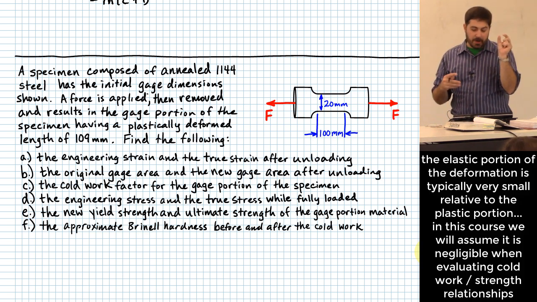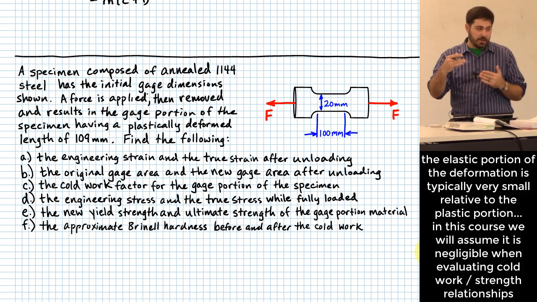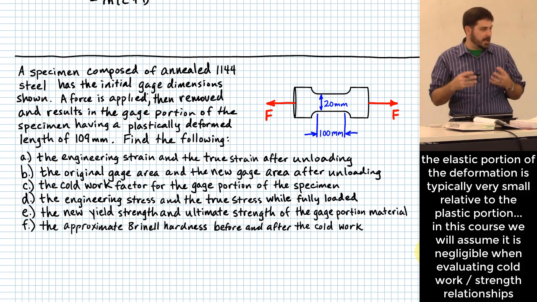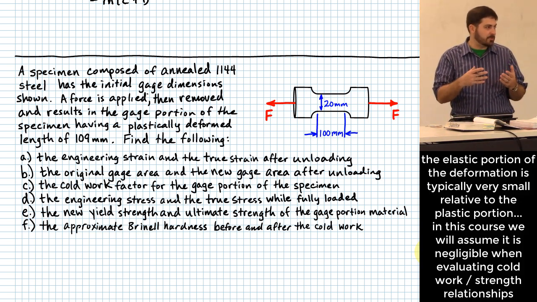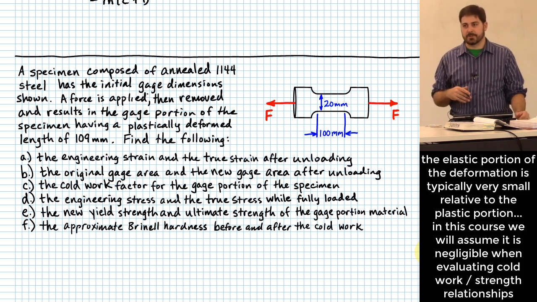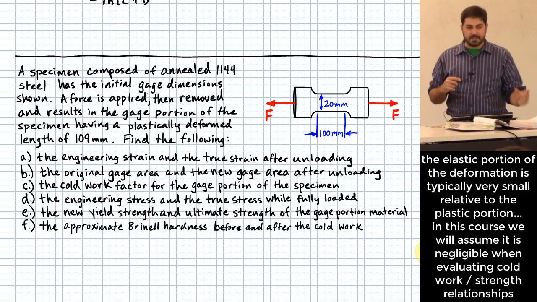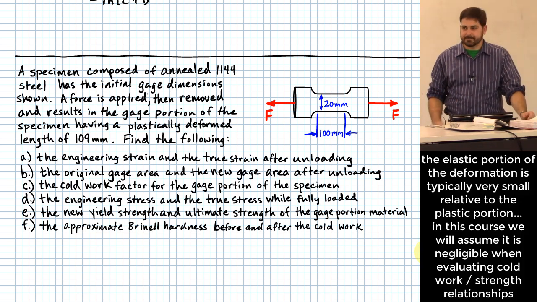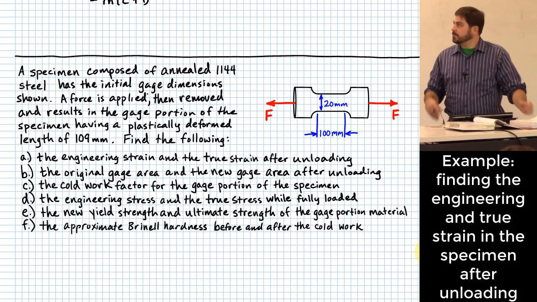And I'm going to go ahead and give you some good news. I'm going to allow y'all to consider all of the deformation for these cold work problems to have been plastic, to where you don't have to try to consider what happens with the elastic portion of the deformation. It's actually a little bit trickier than you might think to have to deal with the elastic portion of how much the thing deforms, believe it or not. Okay, shall we get started?